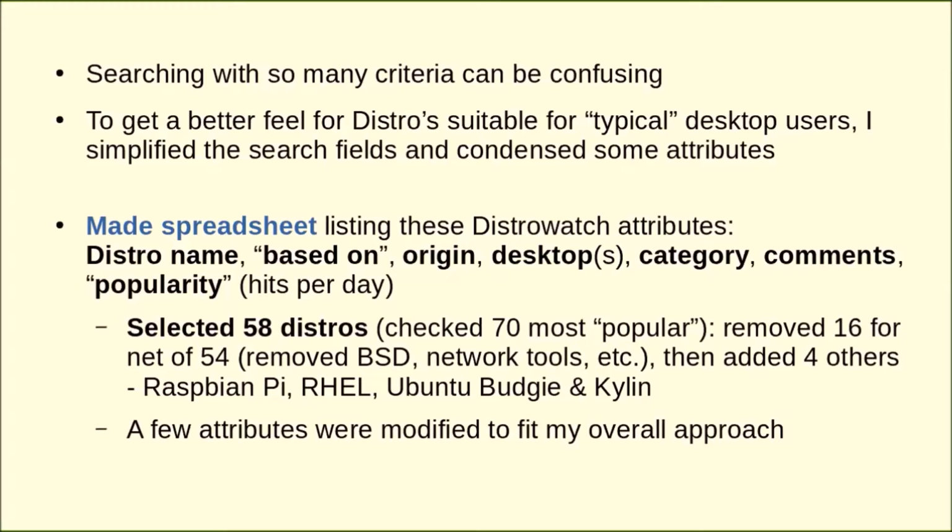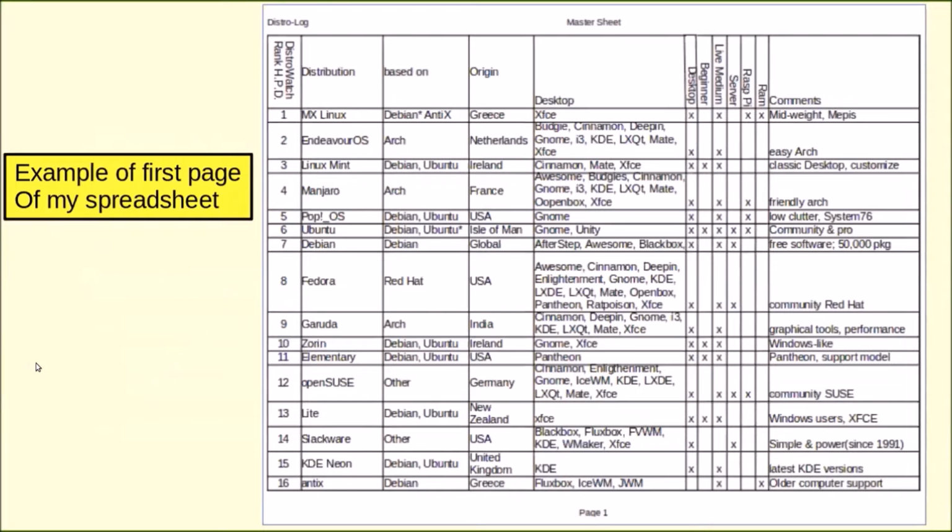And I kind of had to change a couple things to make it fit. You always have to kind of massage any input data you're going to analyze. So here's what my spreadsheet looked like. It has the distribution and what it's based on and so forth, the desktops. I took the categories and I kind of just ticked them so that I can sort by them.